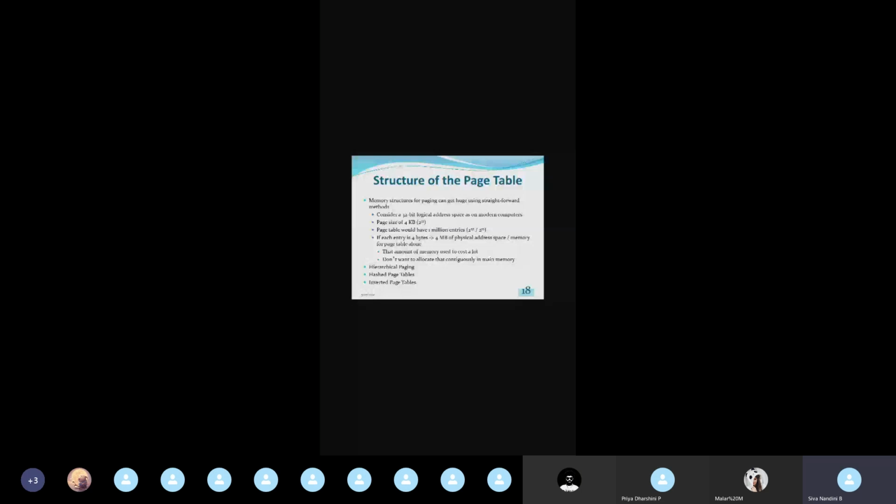Then, about the page table entries: we have a 32-bit logical address space, so the logical memory is of size 2 power 32. This logical memory is divided into pages. Each page is of 4 KB, that is 2 power 12.